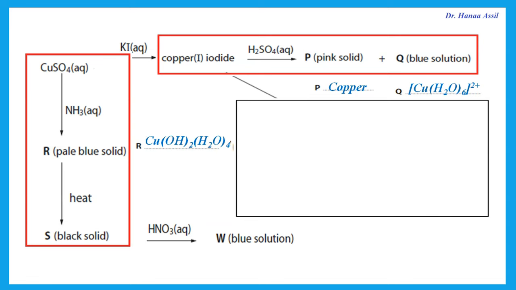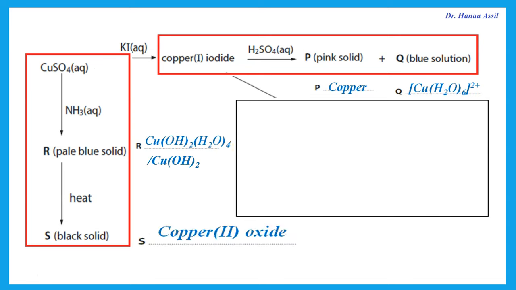Now that is R, so copper hydroxide with water as ligands. That is the possible formula for R, or you could just write copper hydroxide. And then when we heat this solid, it gives a black solid. We're talking about copper compounds. A black solid would be copper oxide.